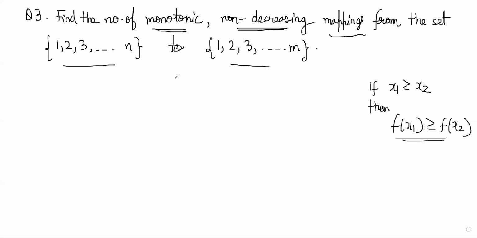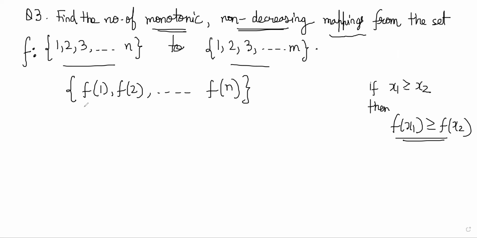Okay. So let's think about it in general. So suppose you had a function f from this set to this set, and basically this function would be determined by how we assign the values of f1, f2, and fn, right? The values of f1, f2, fn determine what kind of function it is.